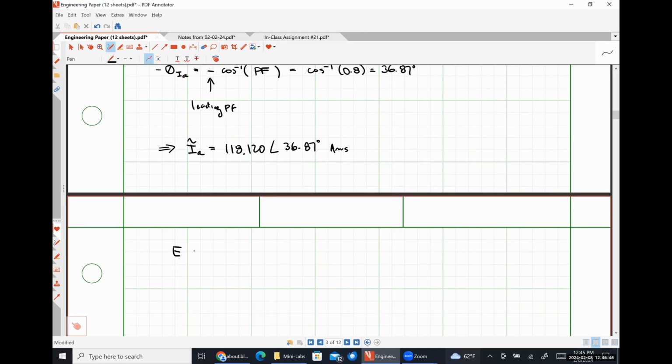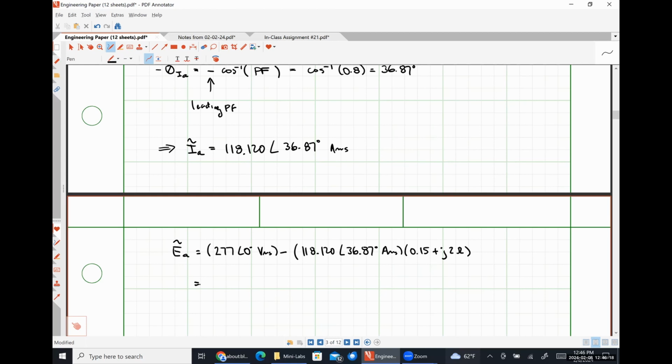So our induced voltage EA is 277 angle 0 degrees volts RMS minus our 118.120 angle 36.87 degrees amps RMS times 0.15 plus J2 ohms.